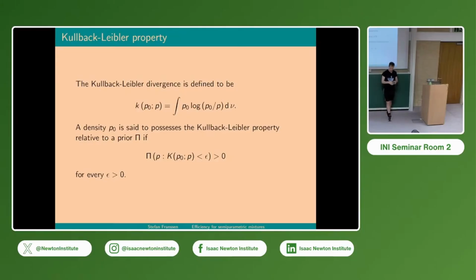So basically every Kullback-Leibler neighborhood of the truth has to have some positive mass. That's what this Kullback-Leibler property is saying. And what you have to imagine is, if this does not hold, then there exists some neighborhood which has 0 mass, so we can't hope to be consistent, because we don't put anything that's epsilon close. So this is a very weak requirement to be consistent.